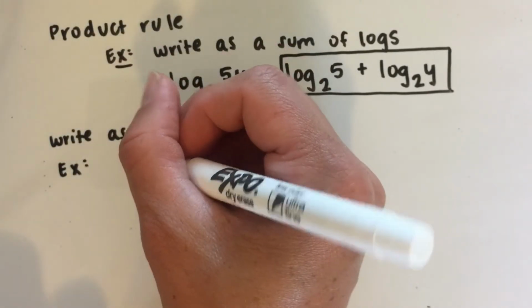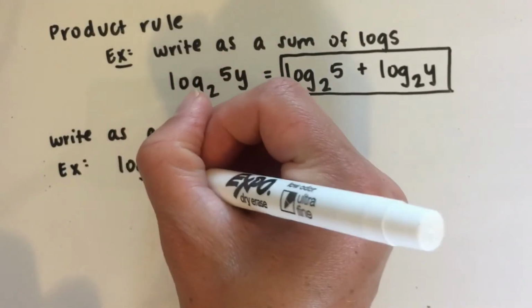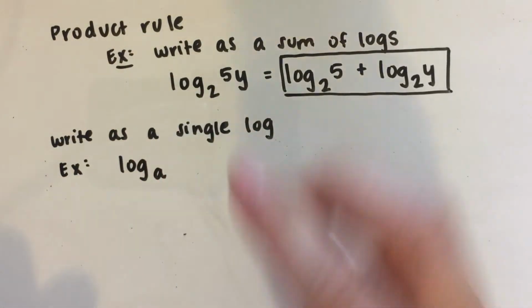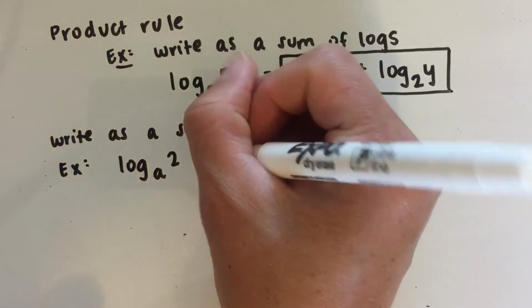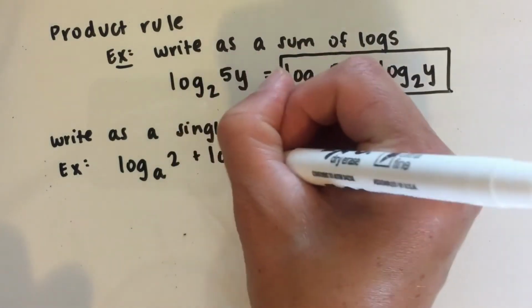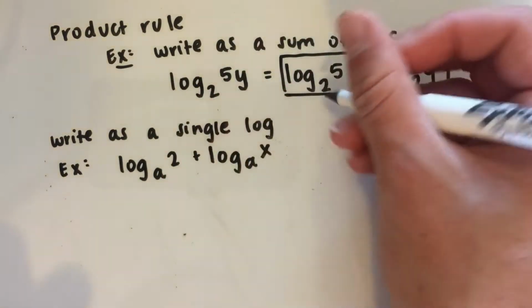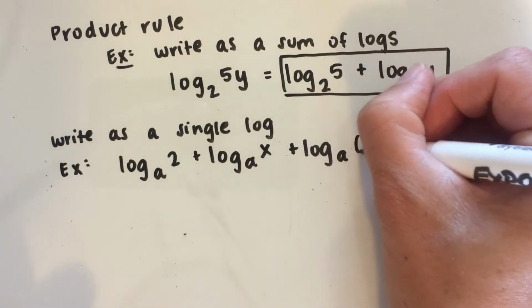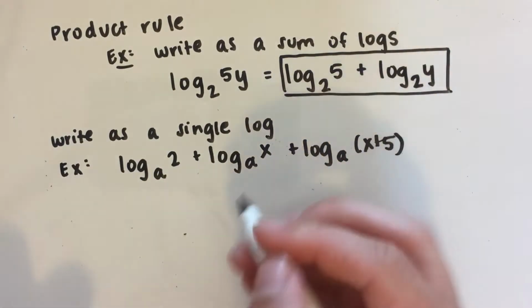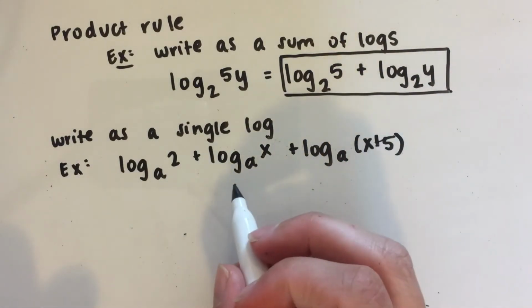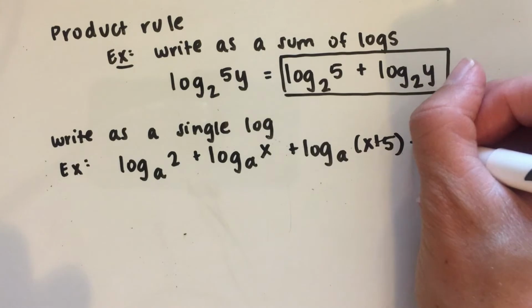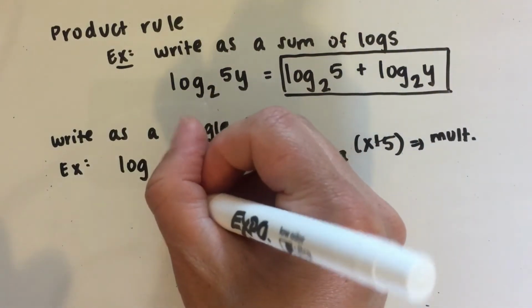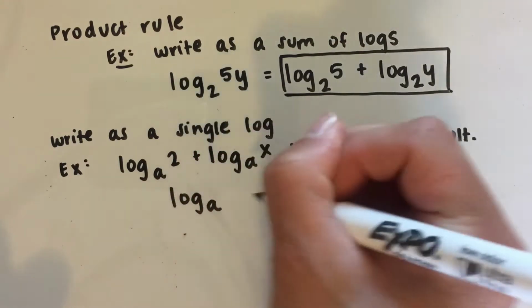For the next example, I have log base a of 2 plus log base a of x plus log base a of x plus 5. So here they have the same base, which is a, and all the logarithms are being added, so we're going to multiply.